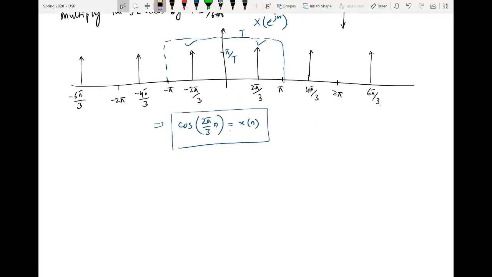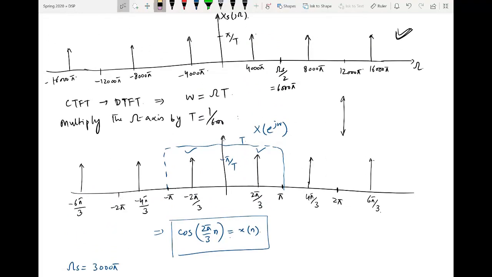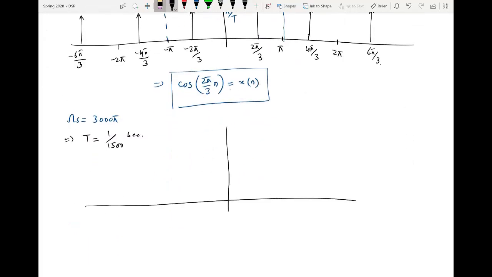But if the sampling frequency was not the desired one, for example, we select let's say omega s equal to 3000 pi, then capital T comes out to be 1 over 1500 second. Now if we multiply the x-axis of this particular plot with 1 over 1500, then what will happen?